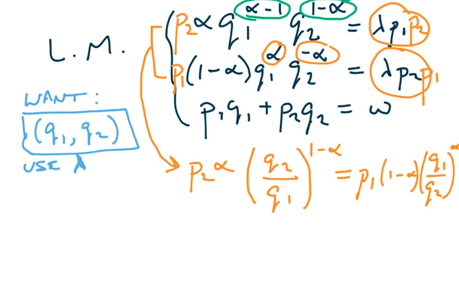Okay, so the idea here is now to go ahead and solve for one of the two quantities in terms of the other, and then we'll use our third equation, our budget constraint, to figure out an actual value for one of the quantities. All right, so that's how we're going to go about this.